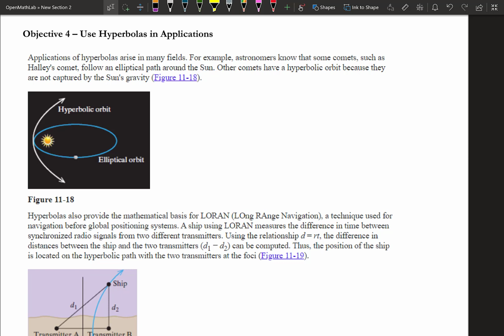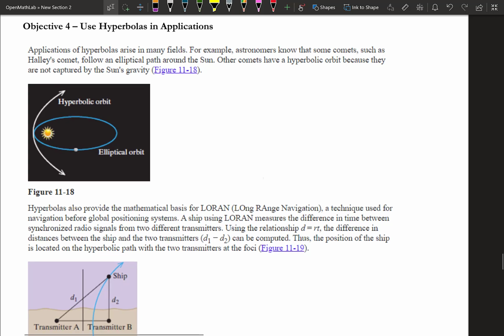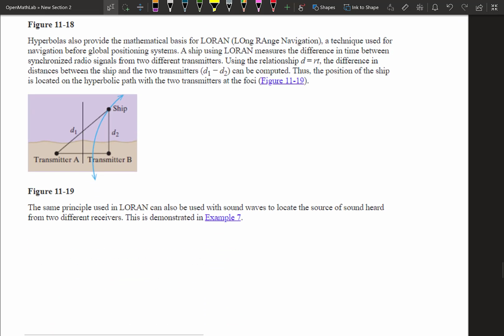Other comets have a hyperbolic orbit because they are not captured by the sun's gravity, right? So that's just telling us an application is in astronomy, that sometimes a comet can have an orbit that's hyperbolic, right? So then another application is something pre-GPS, right?